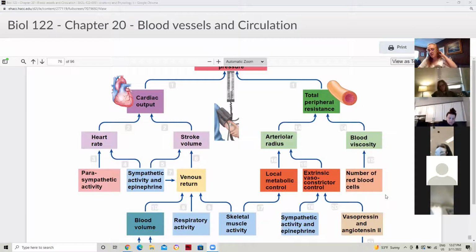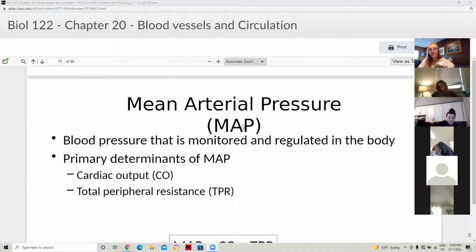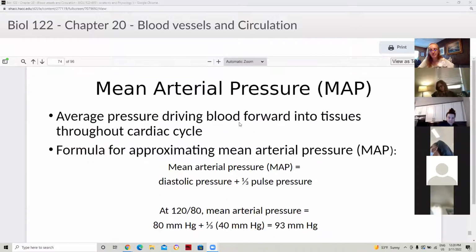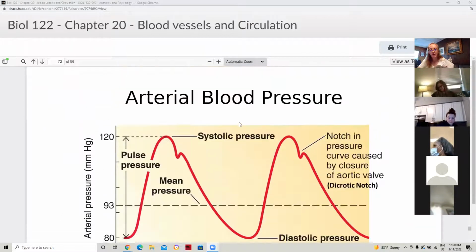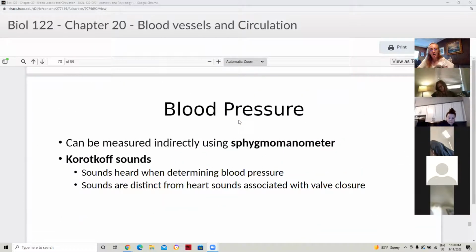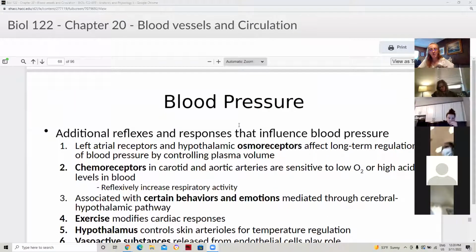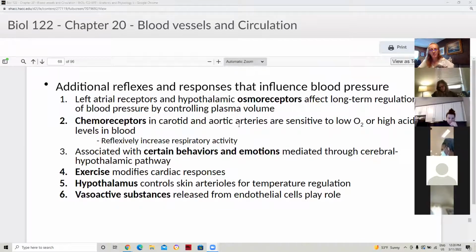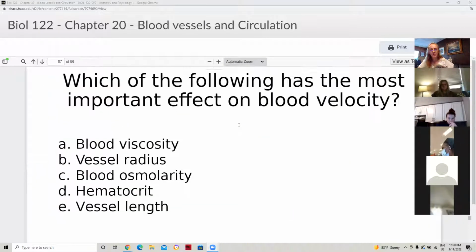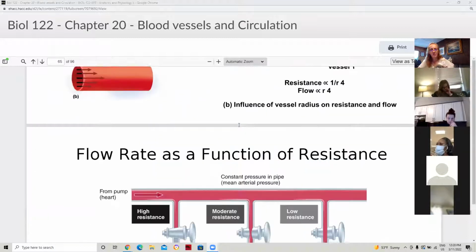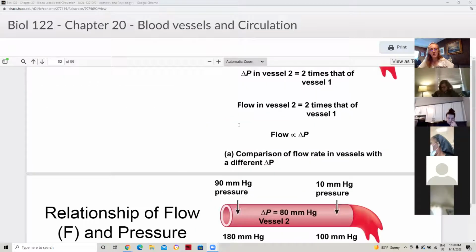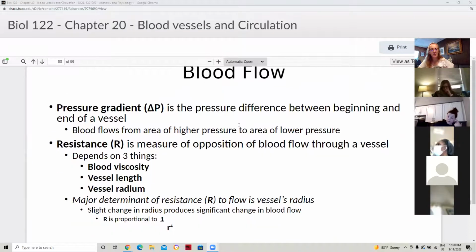Blood volume also is going to affect total peripheral resistance. Bear with me, I'm sorry, I'm a little brain dead all of a sudden.